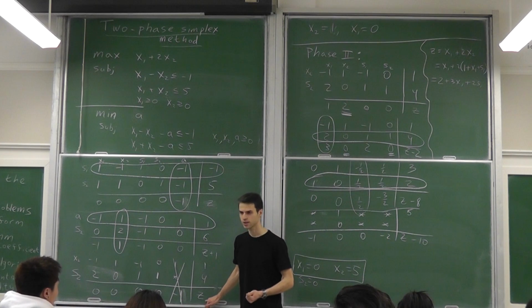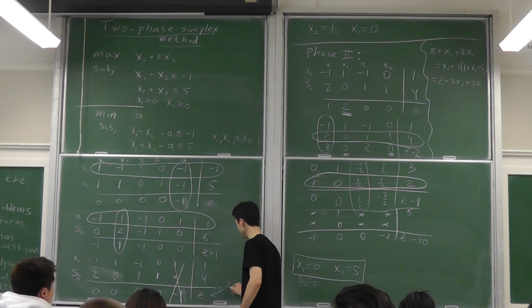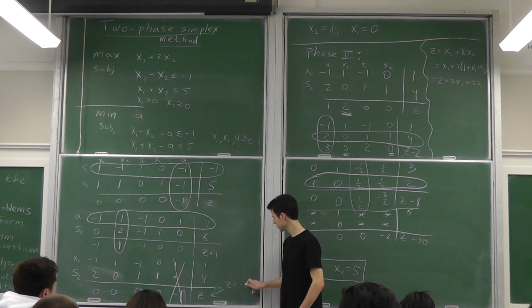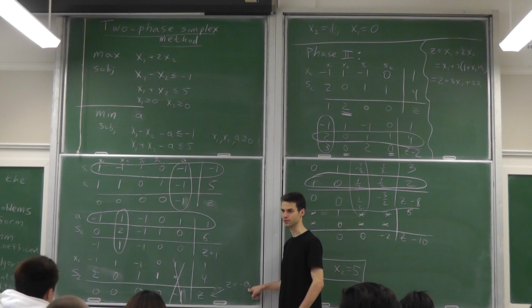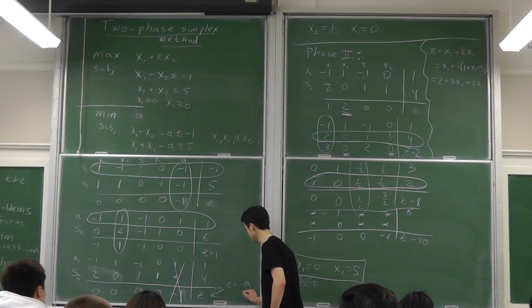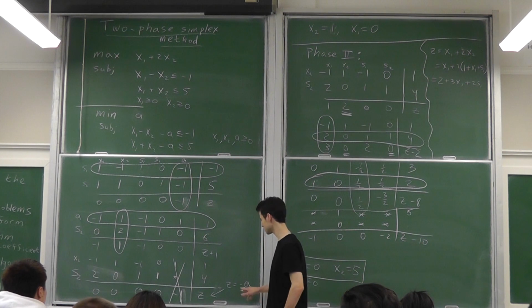Well, this last row reads z equal to minus the artificial variable, which is exactly what we started with. We started with z equal to minus artificial variable. What I'm saying is that if you arrive at z equal to minus artificial variable minus x1, you know that you made a mistake, because z is minus a, it's not minus a minus x1.